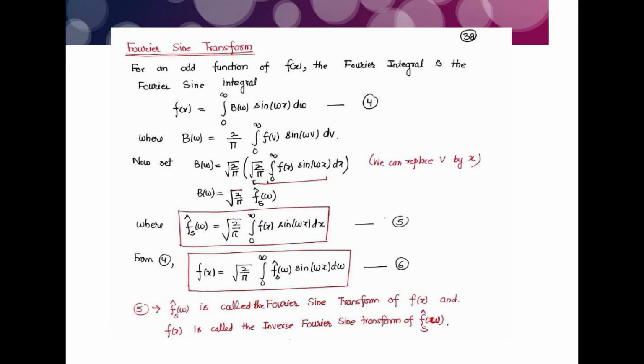Now using equation 5, we can rewrite the Fourier sine integral given by equation 4 as f of x is equal to square root 2 upon pi integral from 0 to infinity of f cap s w sine of wx dw, that is equation number 6. So this f cap s w is called the Fourier sine transform of f of x, and f of x is called the inverse Fourier sine transform of f cap s w.